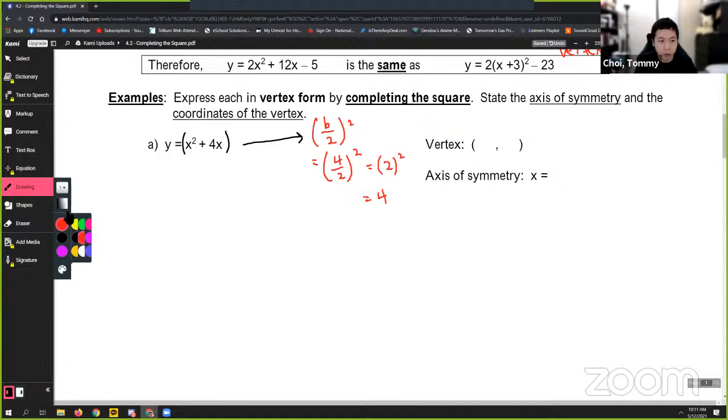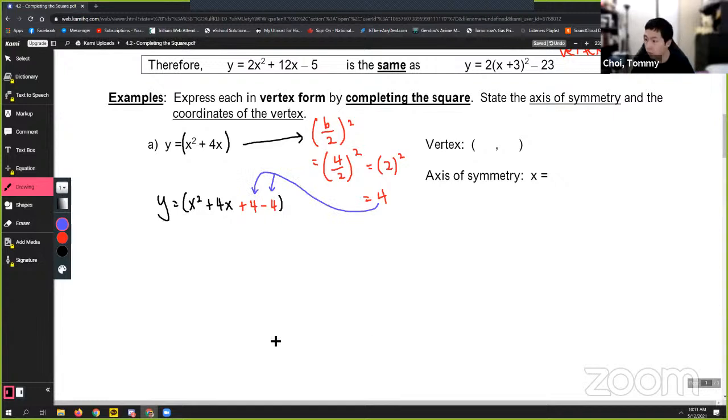So it turns out we get 4 back. And so our next step here would be writing this 4 in the bracket as plus 4 minus 4. So this comes in and drops in here and drops in here as plus 4 minus 4. That is essentially adding 0. So that gives us this here.